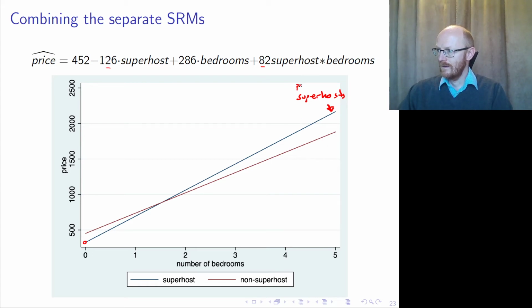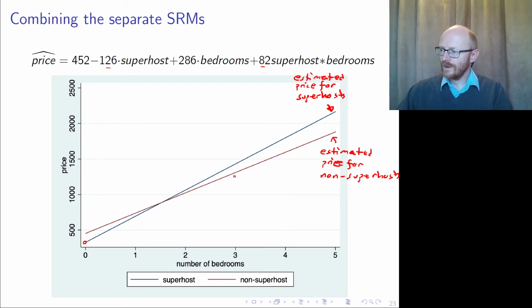The estimated price for superhosts, and this is the estimated price for non-superhost. Okay, so what are the equations for these two regression lines?